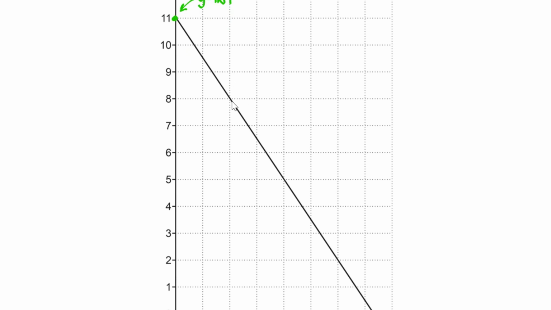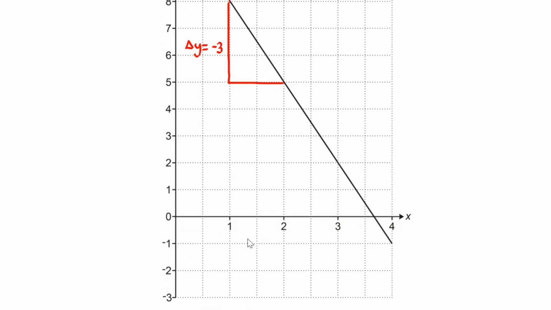And we can pick any 2 points, for example this one and this one, and if we work out the change in y, well, we're going from 8 to 5, so the change in y is equal to -3, and here we're going from 1 to 2, so the change in x is equal to 1.